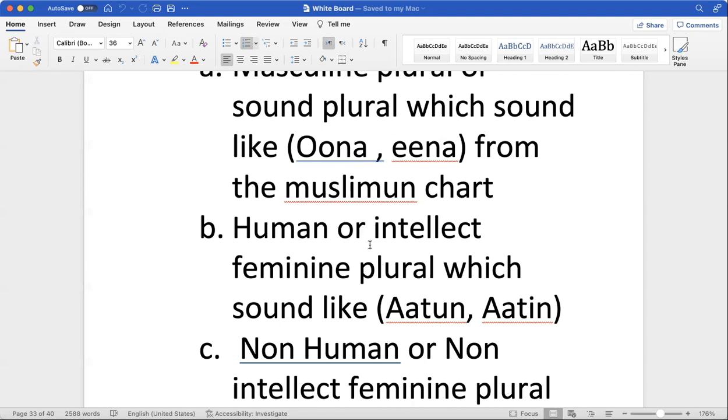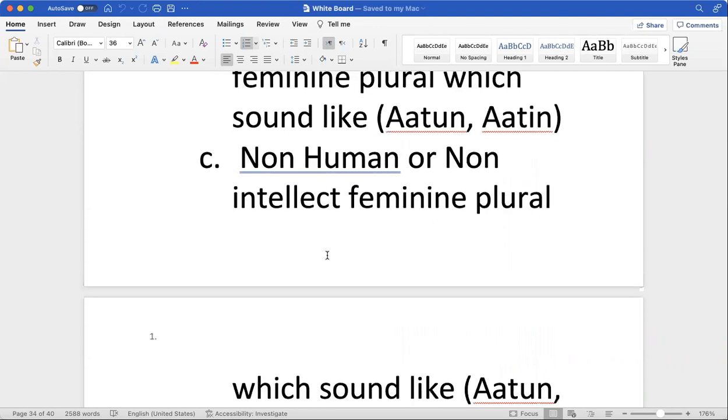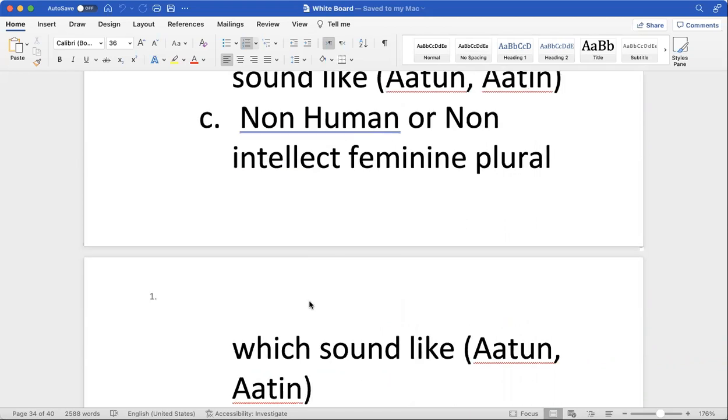Like in English, we have books, toys. So in this case, we have una, ina, atun, atin. Then we have one more in the normal plural: non-human or non-intellect feminine plural, which also sounds like atun, atin, like Muslimatun, Muslimatin, but they are non-human.